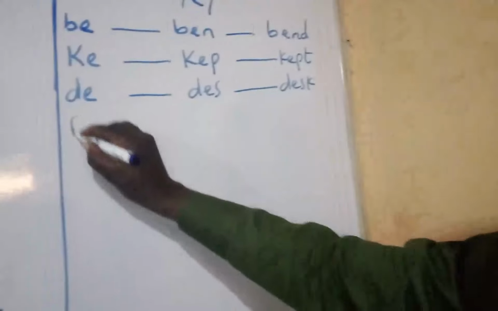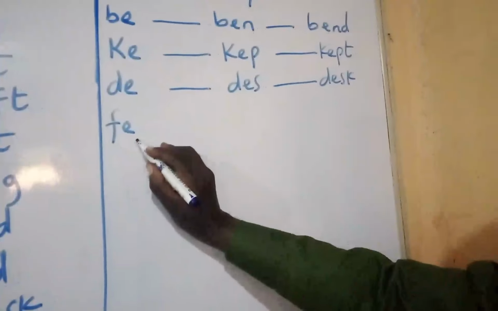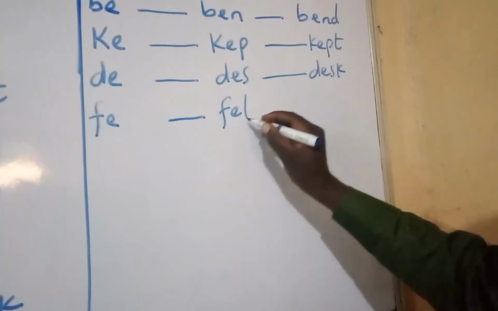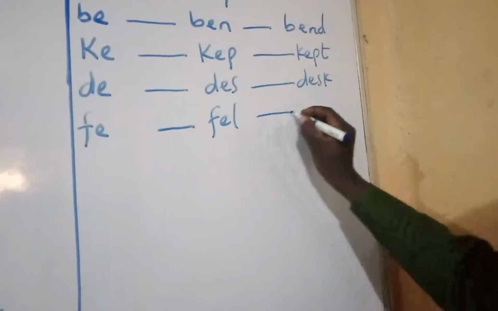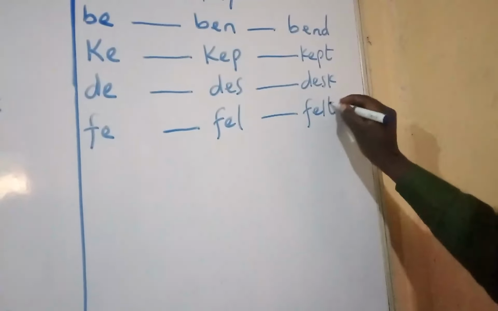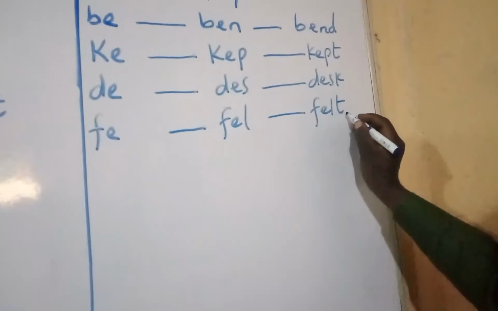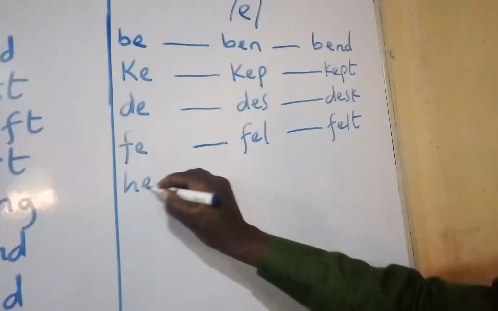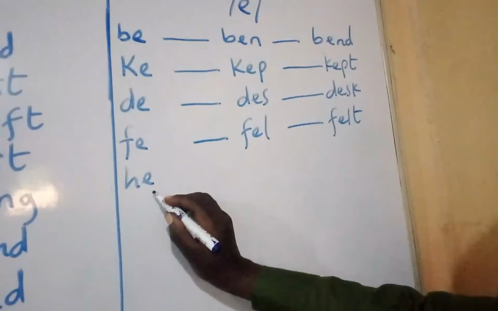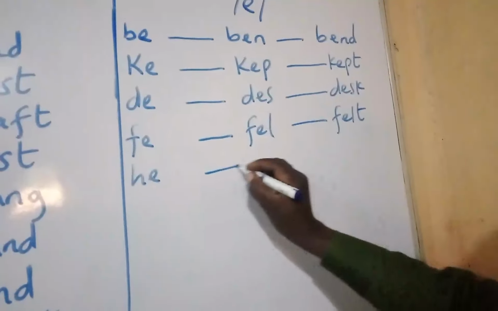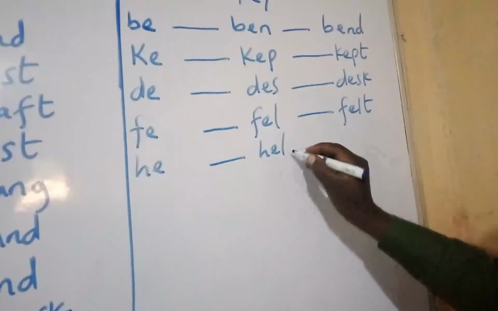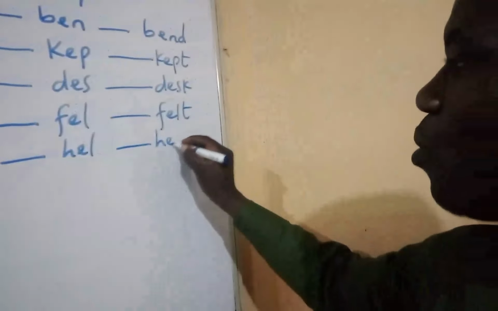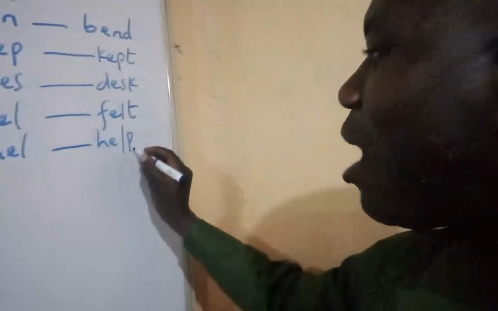Okay, now next letter is F as in fell. In 4 we have felt. Okay, the next one is what? These 2 letter sound is E as in L. Then in 4 you have help.